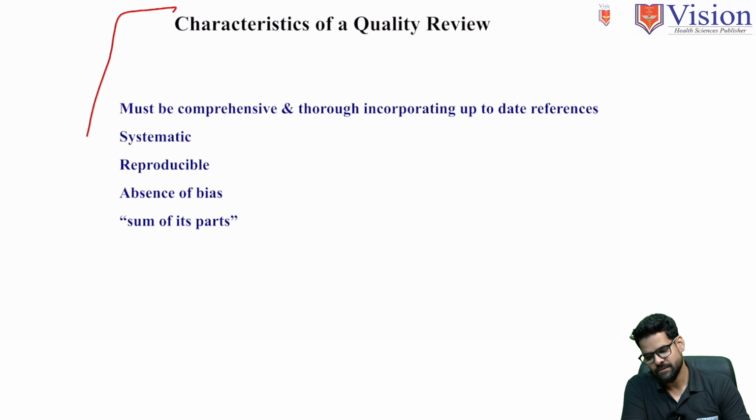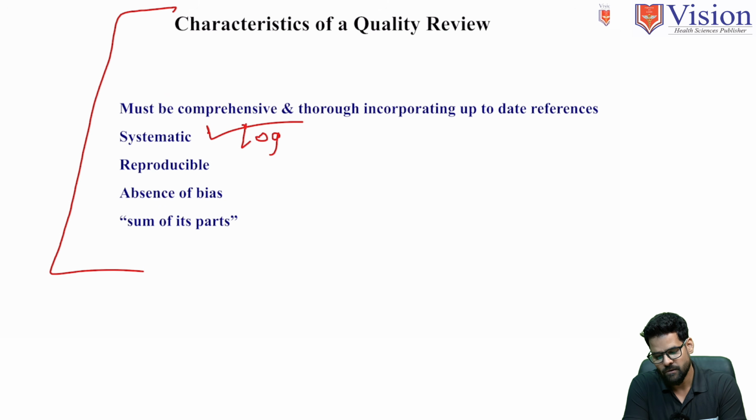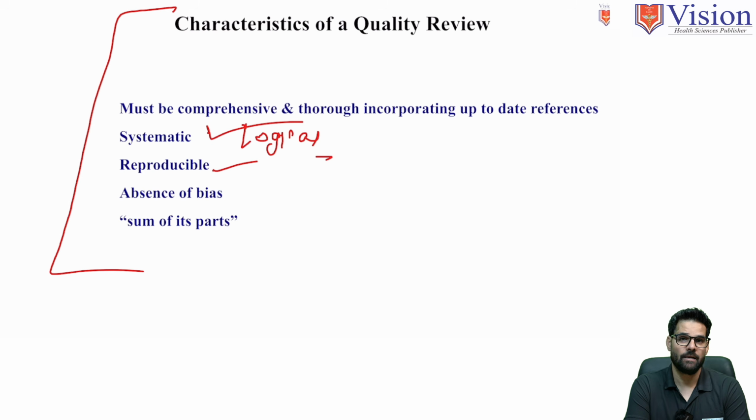Now the last part: what are the characteristics of a quality review? It should be systematic, meaning it should be logical, and reproducible. If I am citing one research, with that reference, if I click, I can reproduce the same thing. It should be absent of bias.